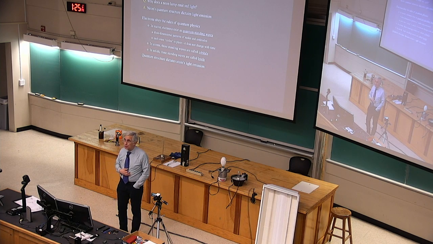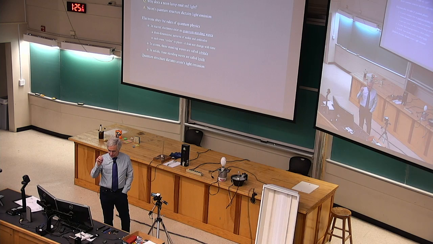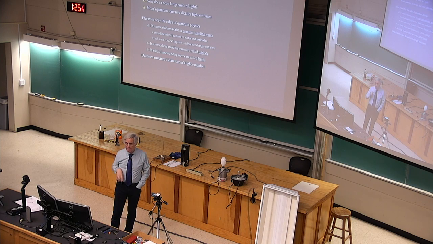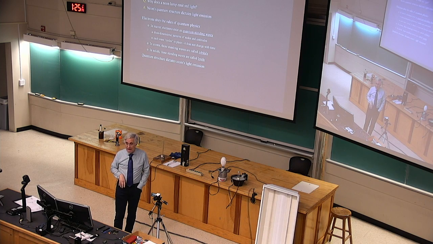Well, electrons, which are part of the atoms, they obey the rules of quantum physics. And the electrons, rather than being little billiard ball particles, little specific objects, they spend most of their time moving in what are known as standing waves in an atom.